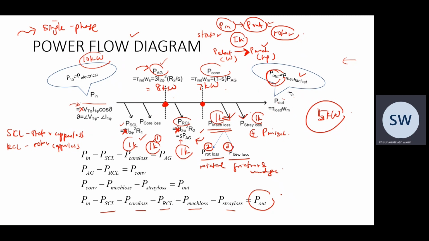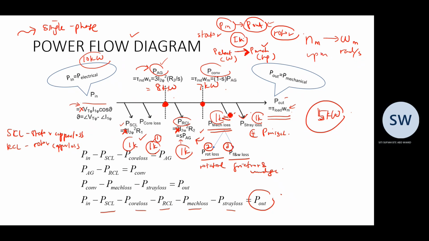Okay. So output power is mechanical. So the formula equals load torque times omega m. Okay. Load torque times angular speed of the motor. Just now you have motor speed in RPM. You can convert it into angular speed of the motor in radian per second. Okay. What else?